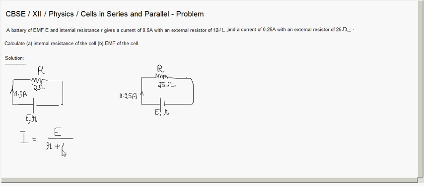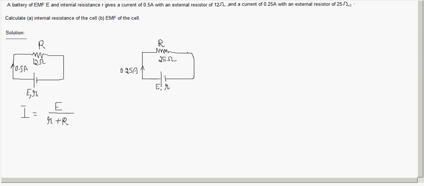We will apply this equation for both the circuits: the total current I is equal to E divided by R plus R. So in the first case, I is 0.5 amps, 0.5 is equal to E divided by R plus 12, or R plus 12 equals 2E, since 1 by 0.5 is 2. Let us take this as equation 1.